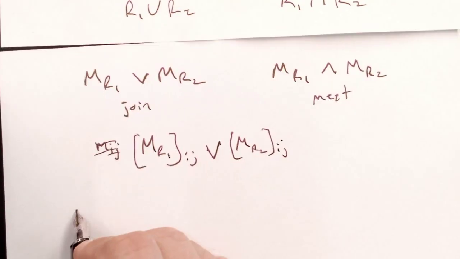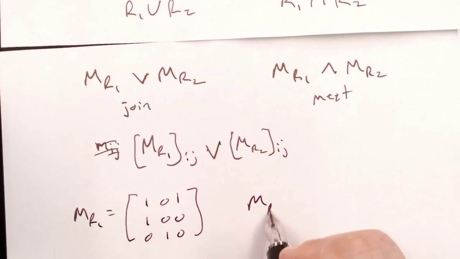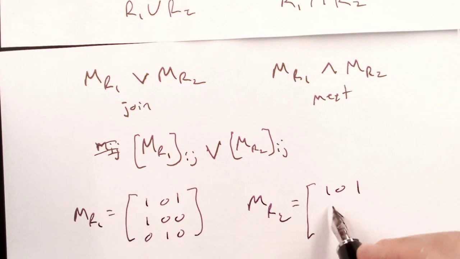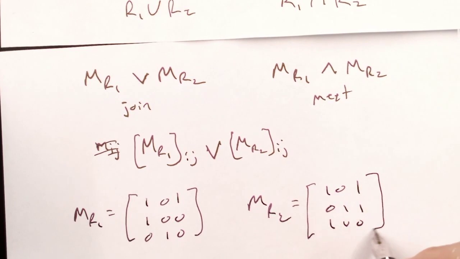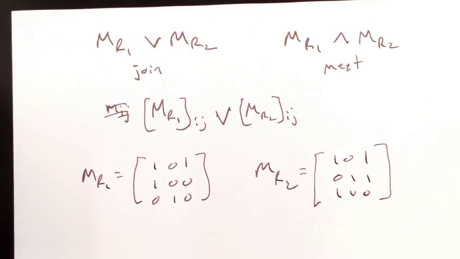So if I give you two matrices, we should be able to, from these, compute the meet and the join.